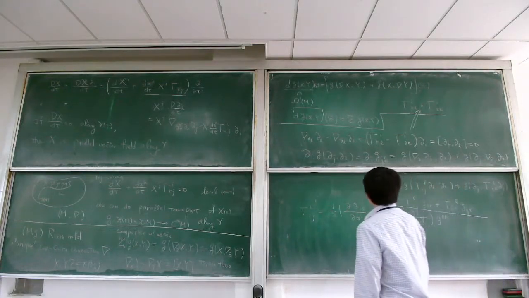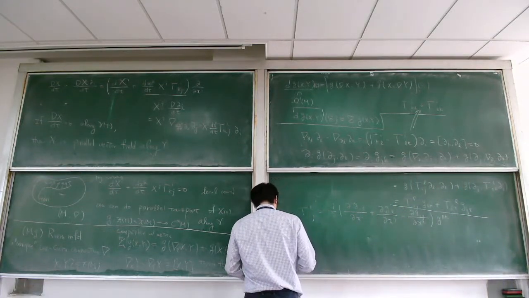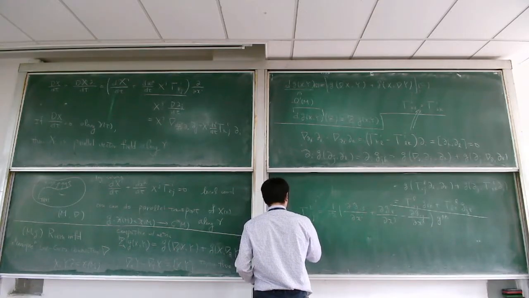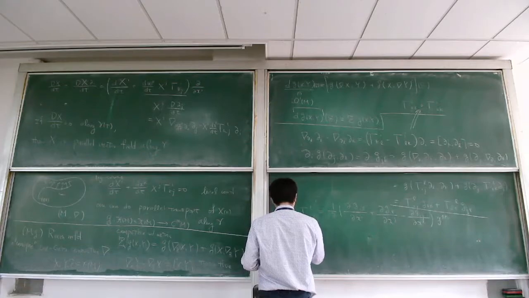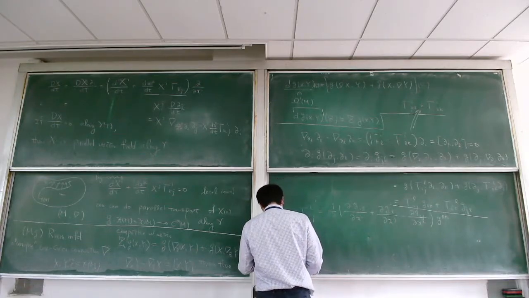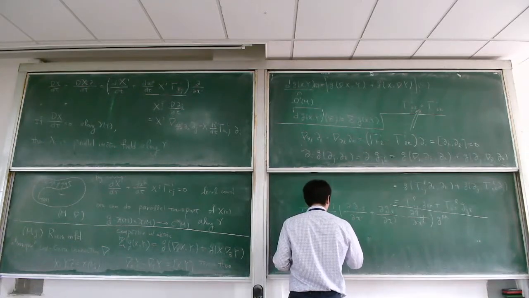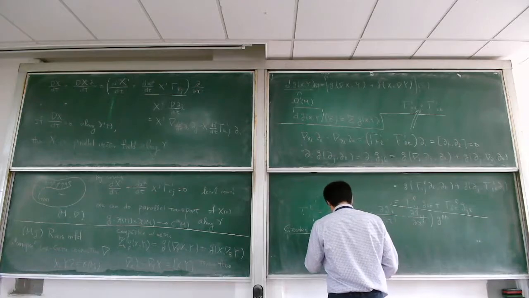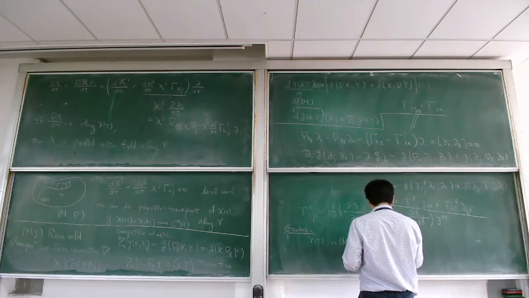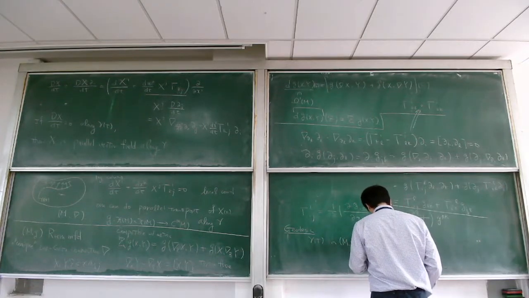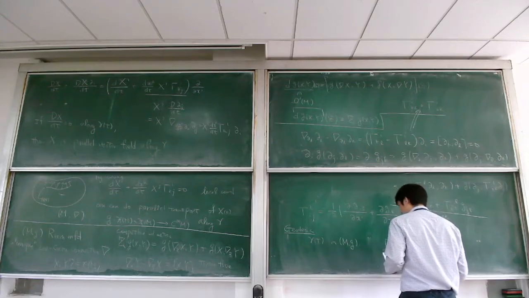Okay, so the definition of a geodesic is a curve gamma of t in the Riemannian manifold such that if you do the parallel transport of the tangent vector along gamma itself, you get 0.